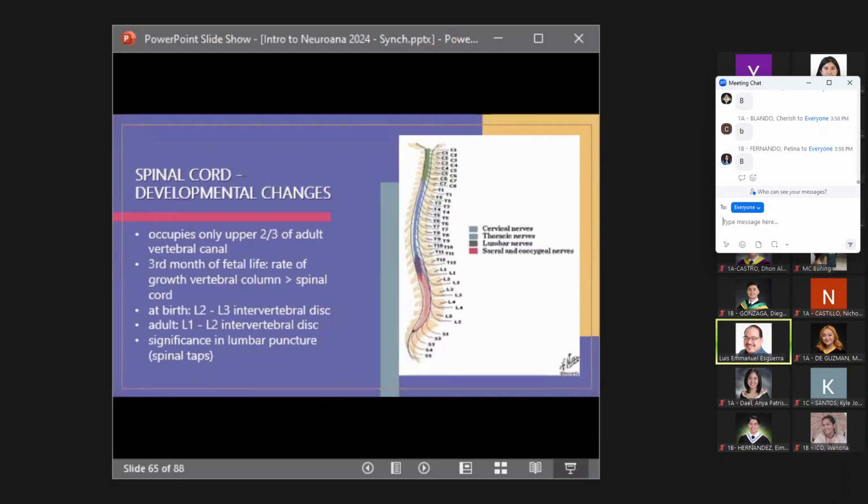At first, the spinal cord and the column are equal, but then the spinal column grows faster. So that means at birth, the tip of the spinal cord is at level L2, L3. As an adult, it's already at level L1, L2. So there's a space under it applicable for lumbar punctures, to avoid hitting the spinal cord when you insert a needle there.